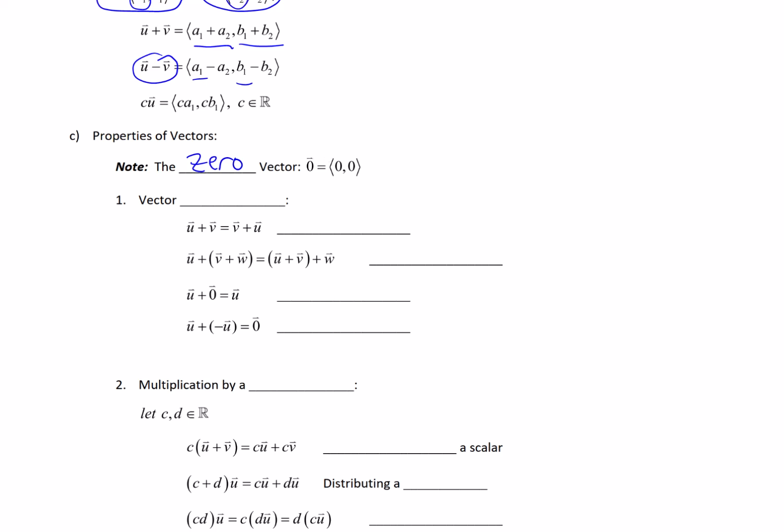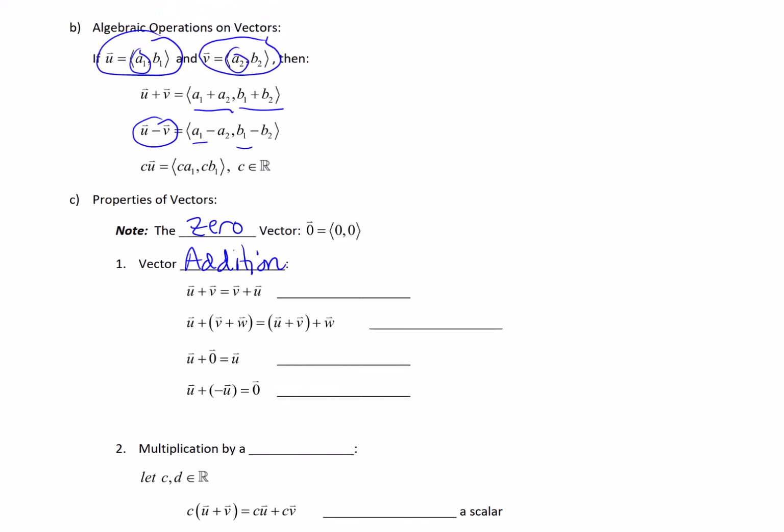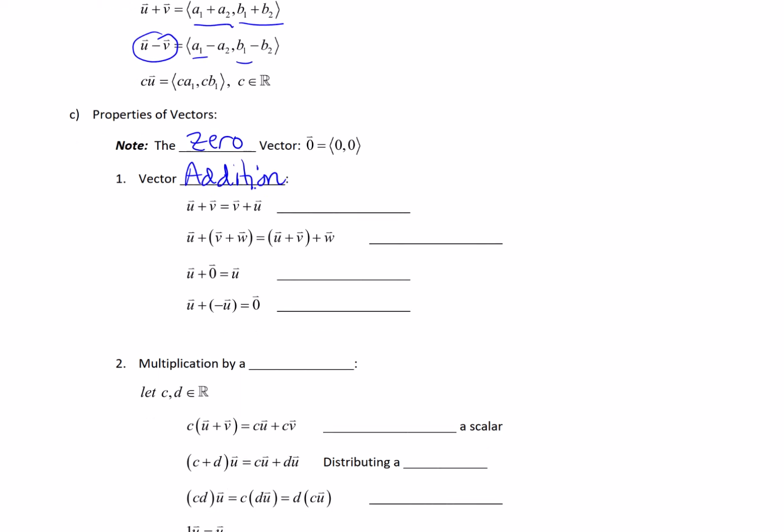So let's talk about these operations. We can begin with what's called vector addition. And in vector addition, as we already kind of demonstrated above, with some of the basic properties we saw, if you have vector u plus vector v, turns out that's equal to vector v plus vector u. Notice I simply switched the order.